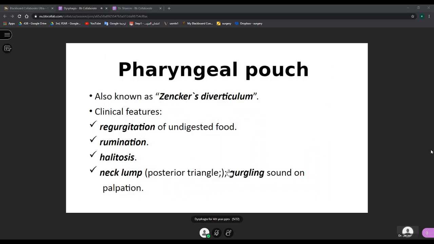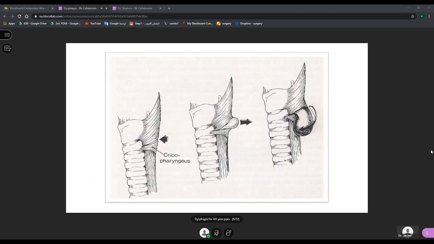Halitosis is the symptom of having a bad smell coming from the mouth. Why do you think these patients develop this symptom? The patient can tell you about it, or sometimes a family member can tell you, or we recognize a bad smell coming from the patient's mouth. What happens secondary to this stagnation?